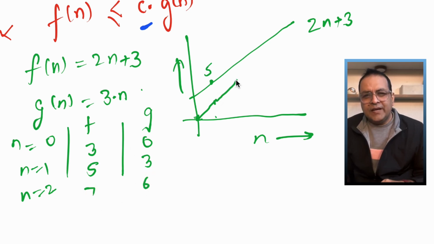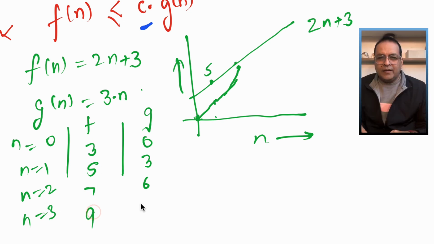So g(n) is getting closer. g(n) is here and f(n) is here. For n equal to 3, f(n) and g(n) are both 9. So they both become equal. I'm unable to draw this as a straight line, but you can see that it will be a straight line.